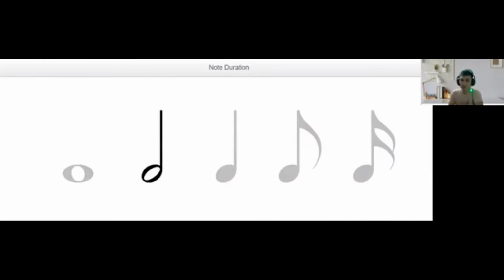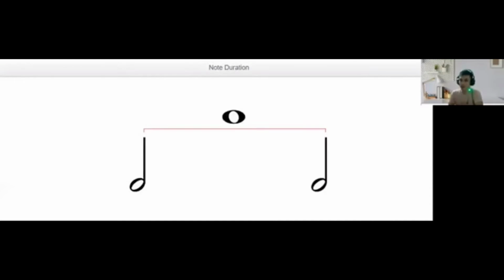So 2 half notes occupy the same amount of time as one whole note, since 2 plus 2 occupies 4. The same as a whole note.